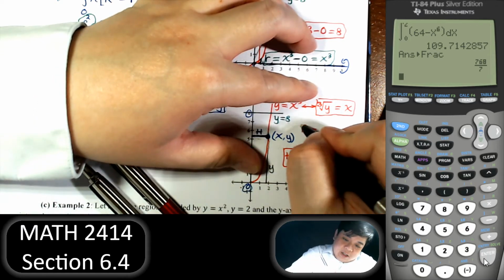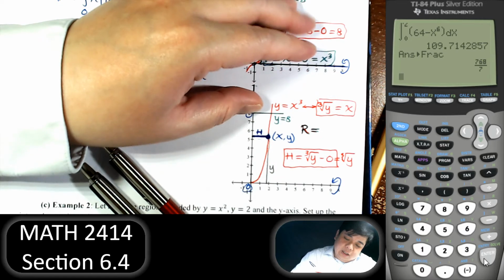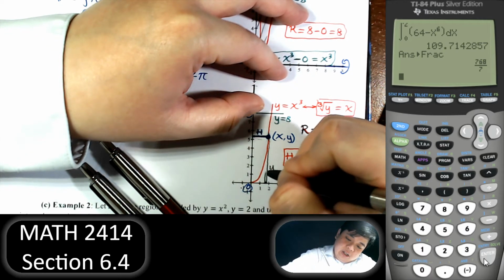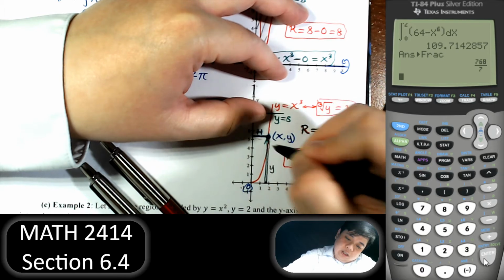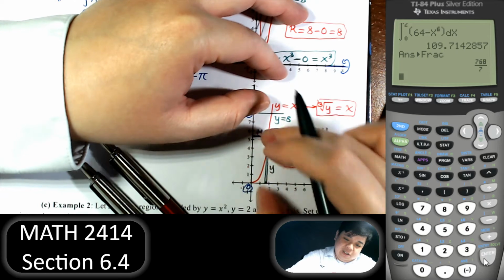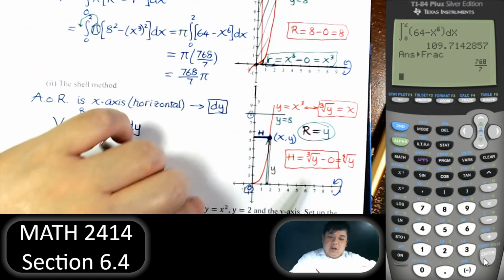And then r is from the axis of rotation to that point. So coincidentally, that is y. So yeah, we have r and h.